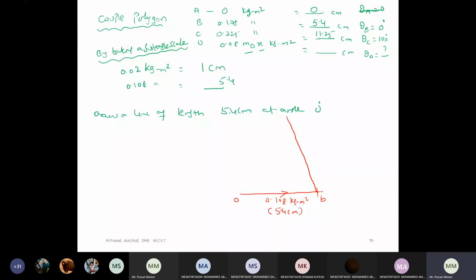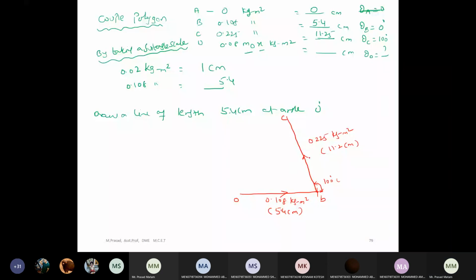Now this angle is 100 degrees. You got my point. I will end it with point C. This I can call 0.225 kg meter square, but the length in terms of centimeters is 11.25.